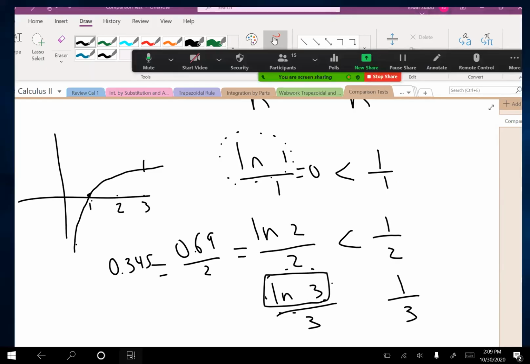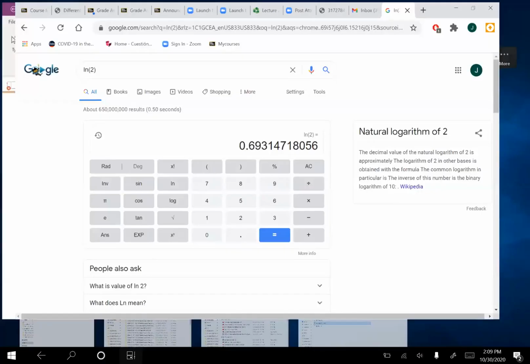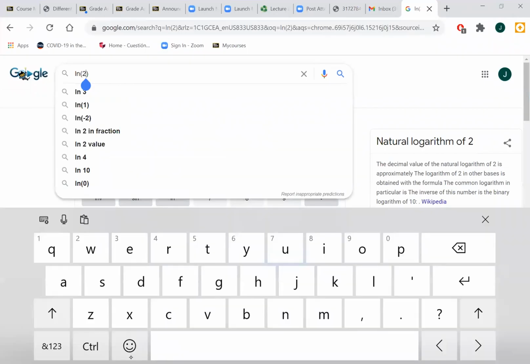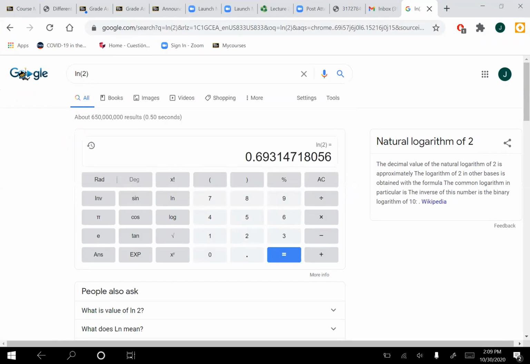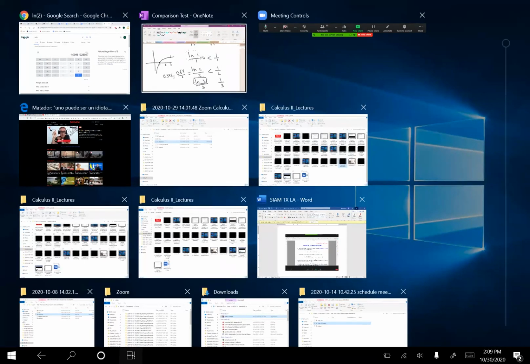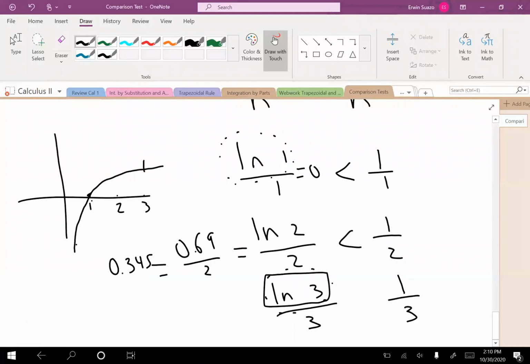Ln of 3 is 1.09. So if you compare here, this one is 1.09 over 3, and this one is bigger than 1 over 3.